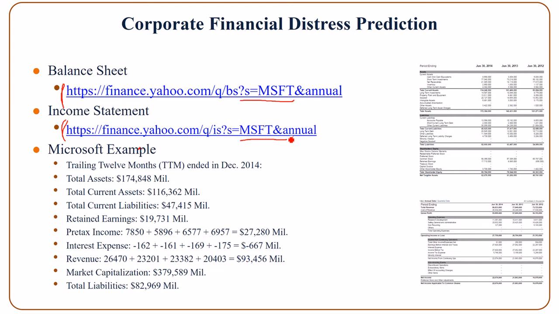From the statements, we can get the total assets, total current assets, total current liabilities, retained earnings, pre-tax income, interest expense, revenue, market capitalization, and total liabilities.